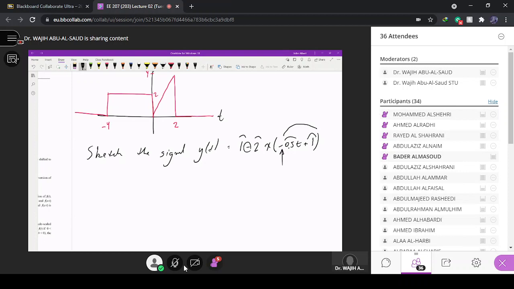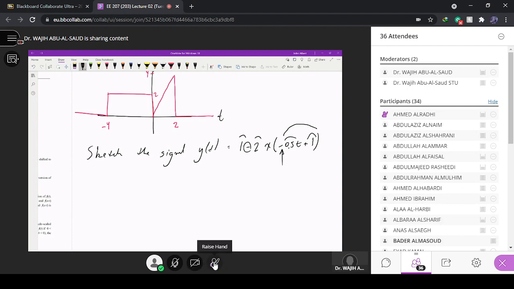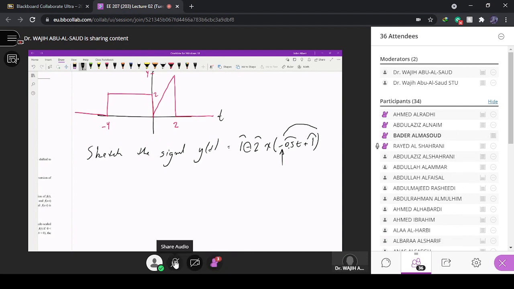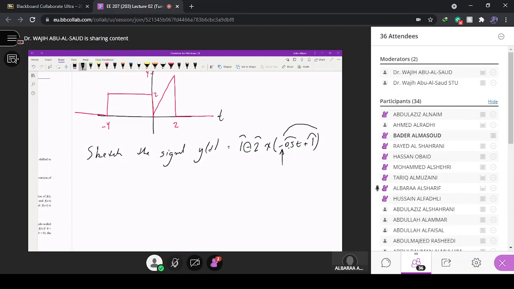Any other answers other than 1 or 2? By the way, when you say 1 or 2, is it to the right or to the left? I forgot to ask. To the right. To the left.